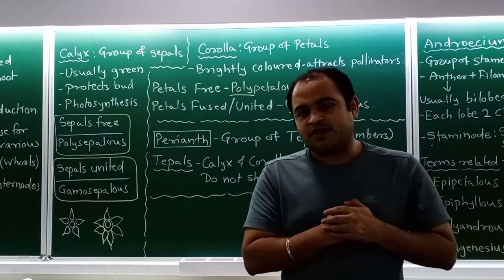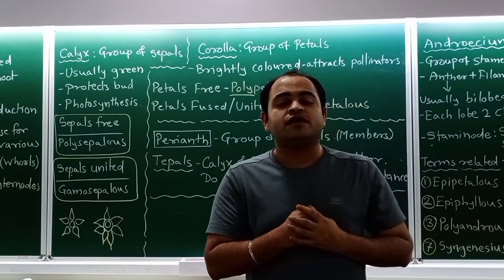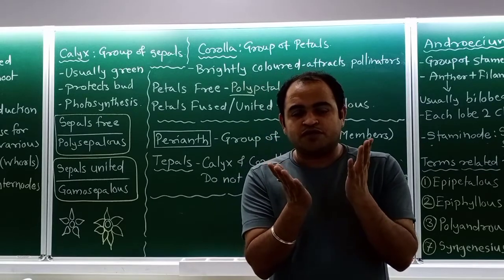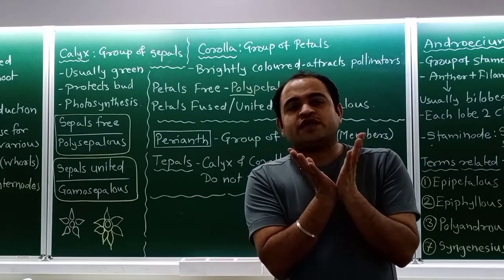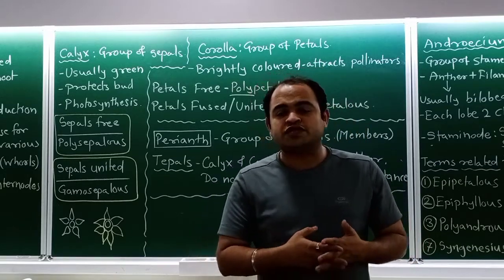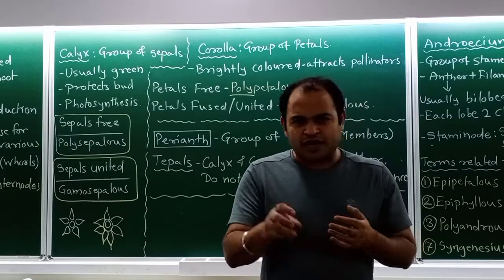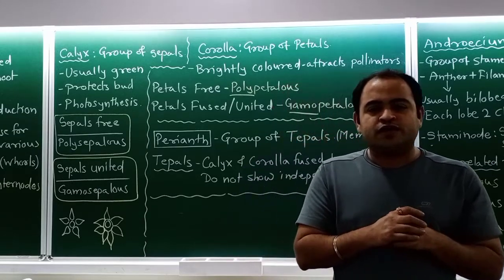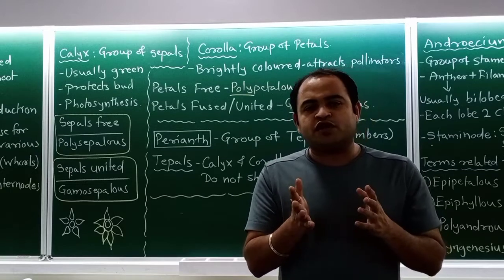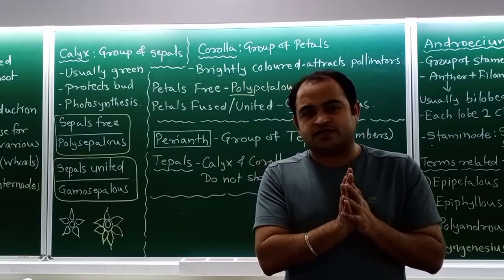In some cases, bracts, which are usually green in color, are really beautiful and show bright coloration. In case of Mussaenda frondosa, it's an example. You can write down the word Mussaenda, M-U-S-S-A-E-N-D-A. That particular plant shows colorful bract.